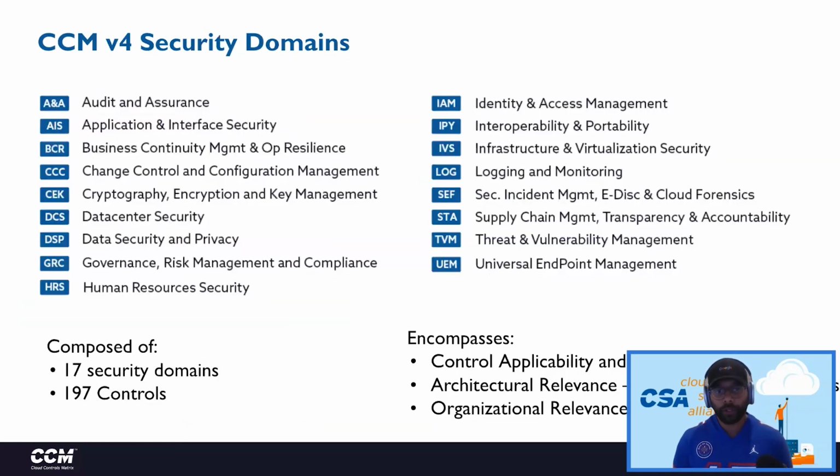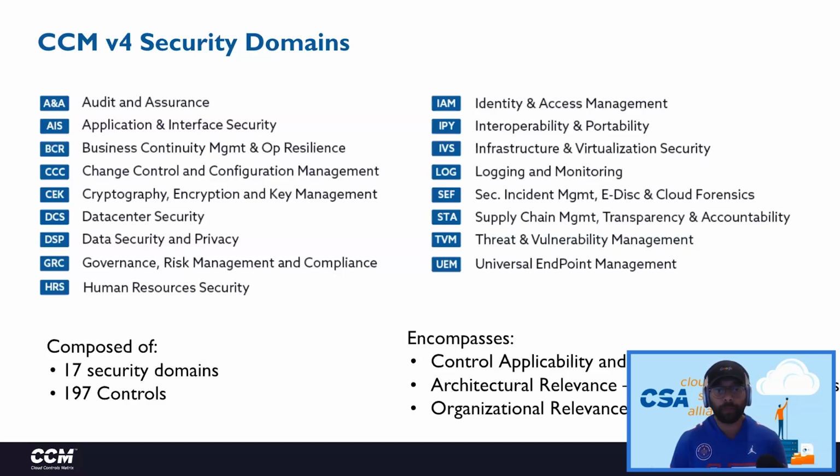So the CCM version 4 security domains consist of 17 security domains, and those 17 security domains consist of a total of 197 controls. The first security domain is audit and assurance, which talks about what kind of controls a CSP and CSC should have for an effective audit and assurance program. The second domain is application and interface security.